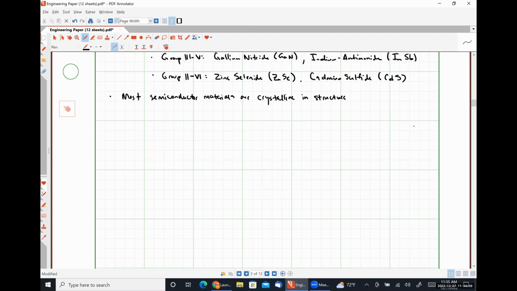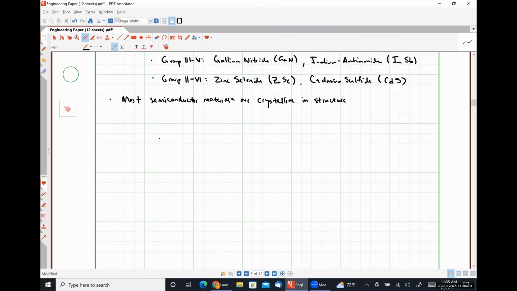So in a 2D plane, that would look something like this. Let's put this here, this here, this here, this here. We're just going to look at a portion of this to talk about a couple of things.